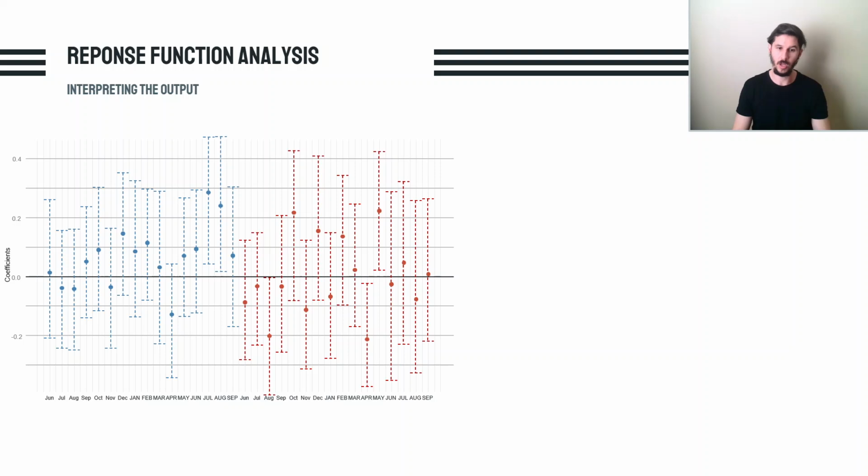However, if they do not cross 0, then you can say with more certainty that those are important months. Because you can think about it like this: no matter how you scramble the data, every time temperature increases in April, growth decreases. Or every time precipitation increases in August, then growth increases, right?